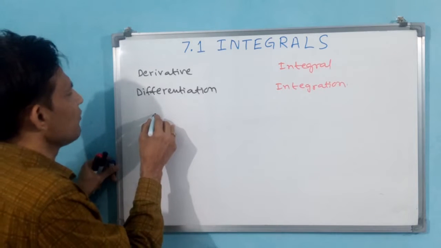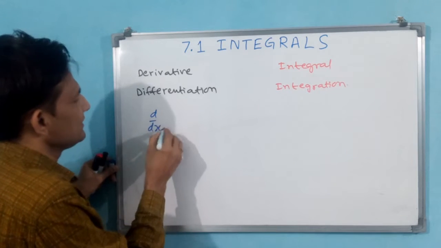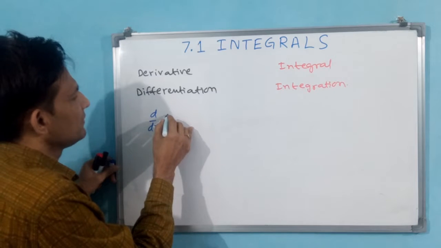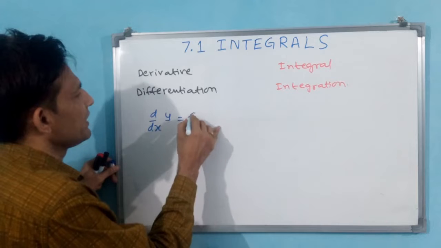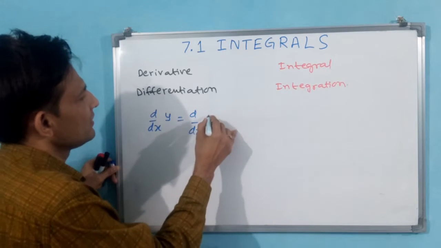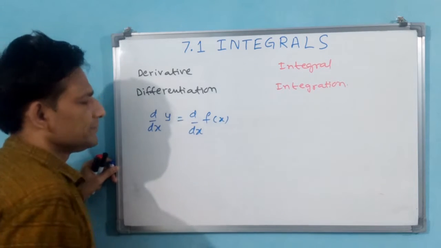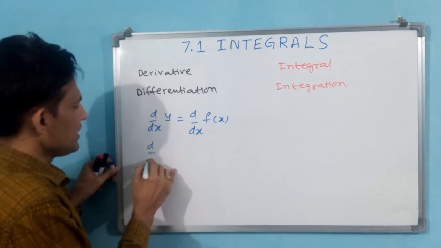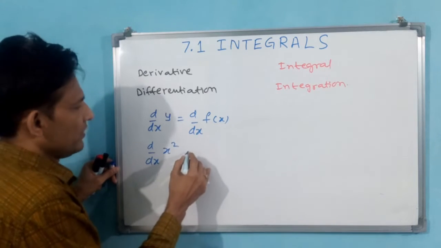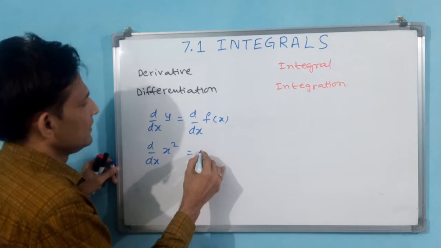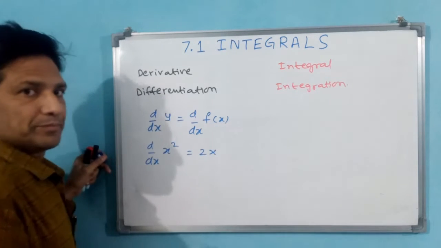We will write d by dx of y, or else we will write d by dx of f of x. Okay, you see here, d by dx of x square will yield 2x.